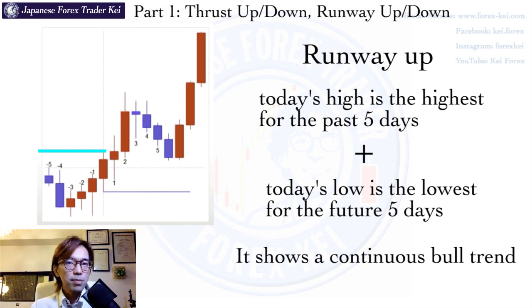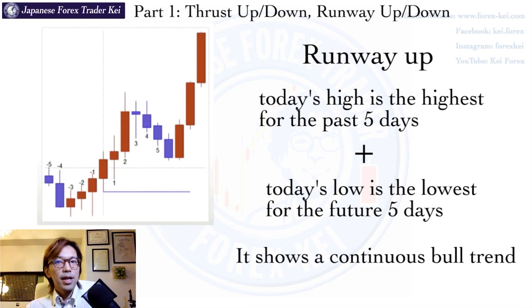When you see this breakout on this candlestick, it's just an indication that it might be a runway up, but as you look at the candle, you cannot ensure it because you don't know yet if the low of this candle is going to be the lowest for the future 5 days.